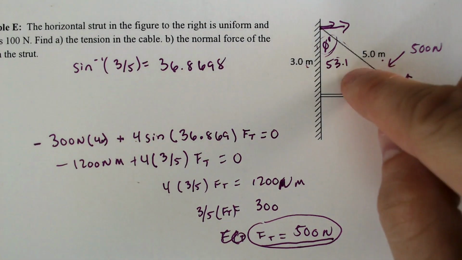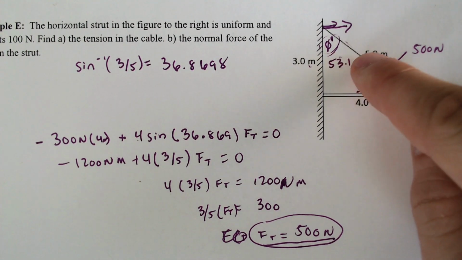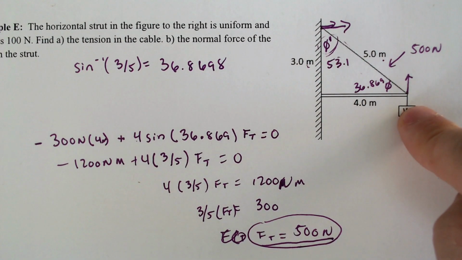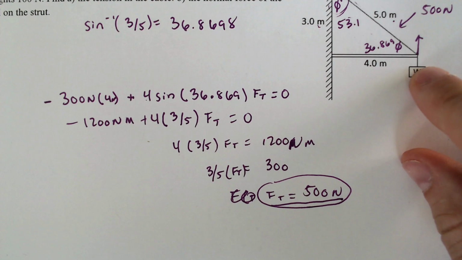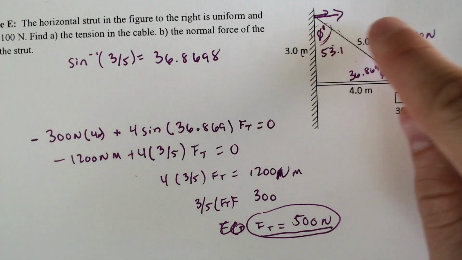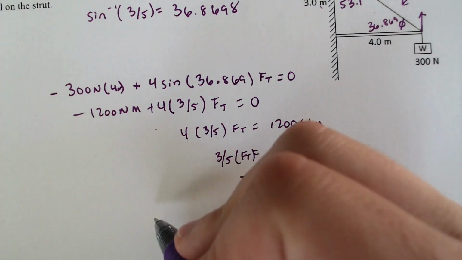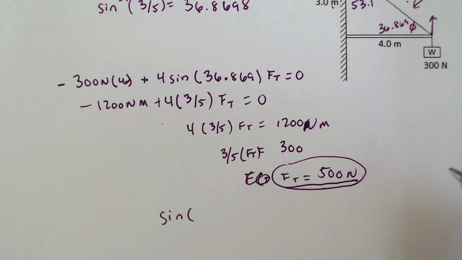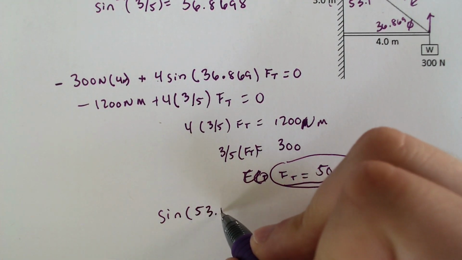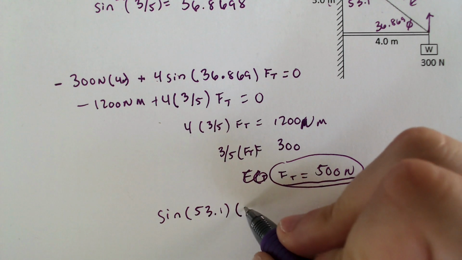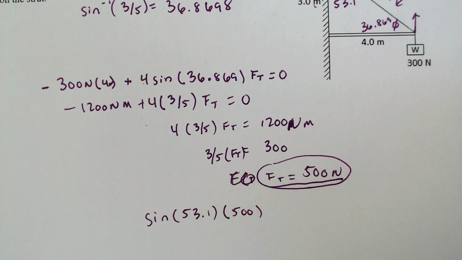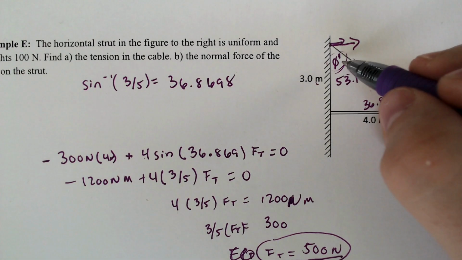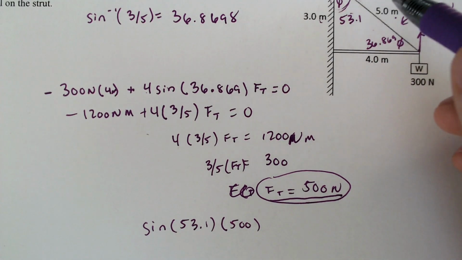Okay, so if we're using that, we want to find the sine of that, which would be the horizontal force. So if we did sine of 53.1 times the 500, notice I'm not multiplying by 4 because it's on the wall, that's just the horizontal aspect.